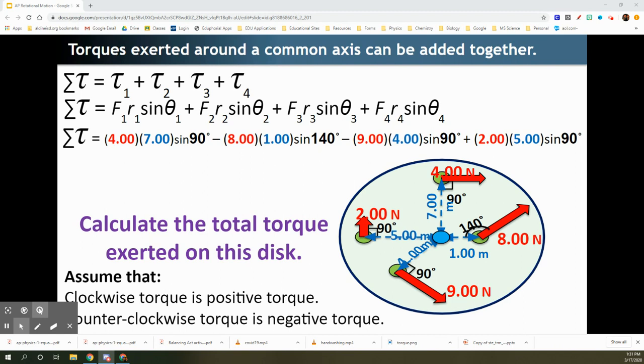Is that Gabe again with the right answer? With the units. Good job, Gabe. That's correct. So now that we have that negative, what's the significance about the negative? Does that mean like a negative torque?